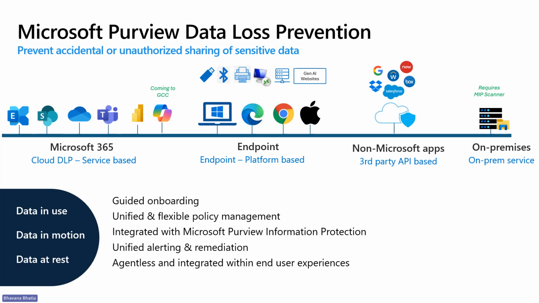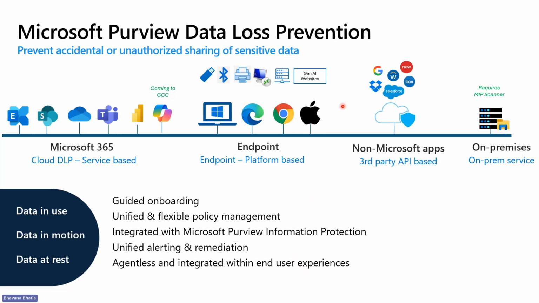Organizations also need data loss prevention to reduce data leakage, along with sensitivity labels. Microsoft Purview DLP will help prevent accidental or intentional sharing of sensitive data across various apps, services, and devices. DLP policies can detect sensitive information types as well as the sensitivity labels on the content, and can then prevent data loss.